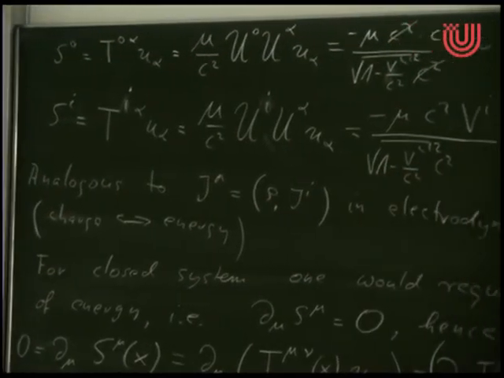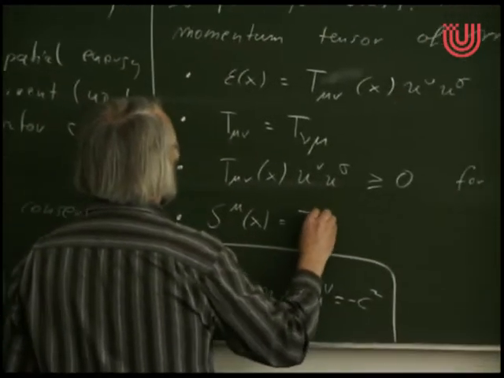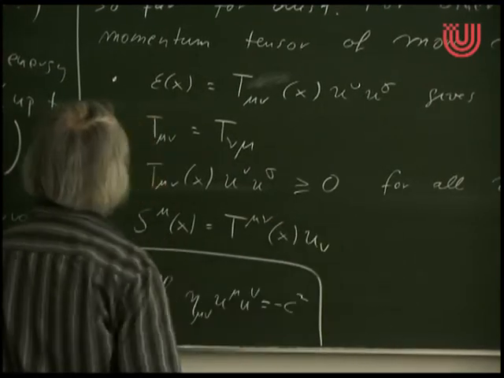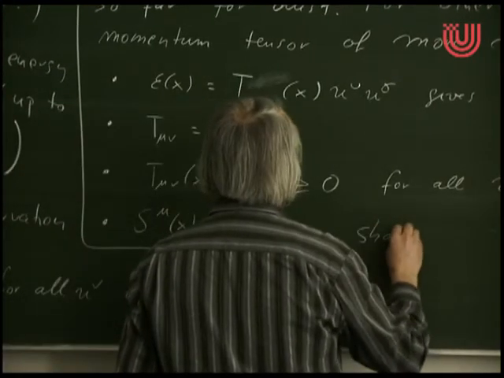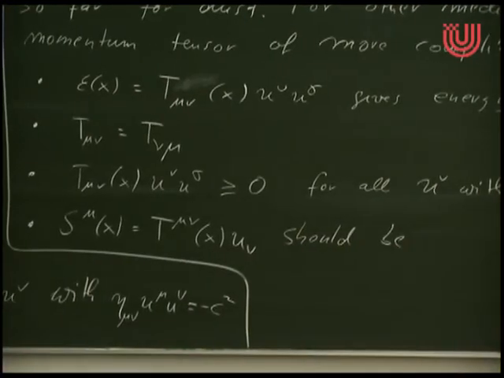So you should have that S^μ(x), which was defined as T^{μν}(x) u_ν, should be either time-like or light-like. It should be either inside the cone, then the energy moves with subluminal speed, that's fine. Or it should be on the cone, that's also allowed, that the energy moves at the speed of light.